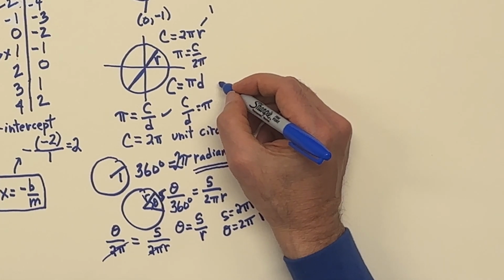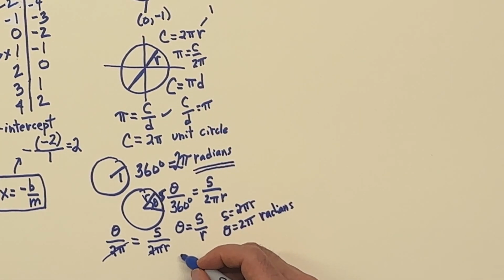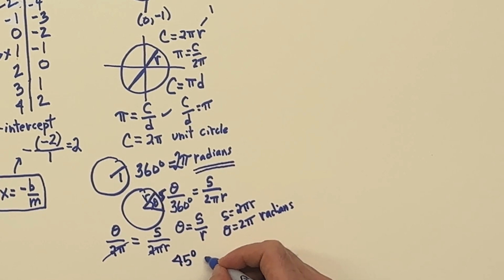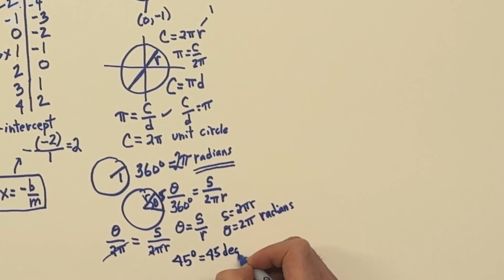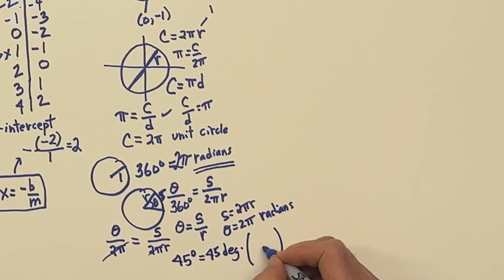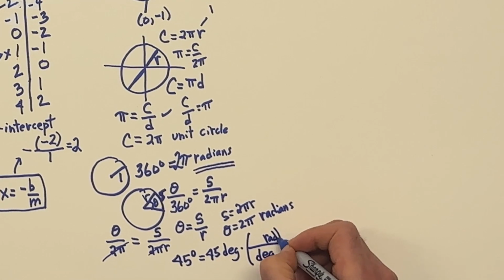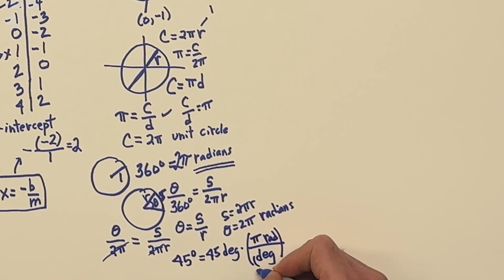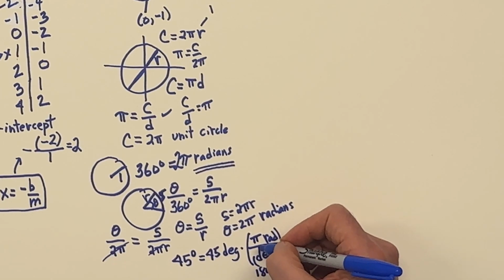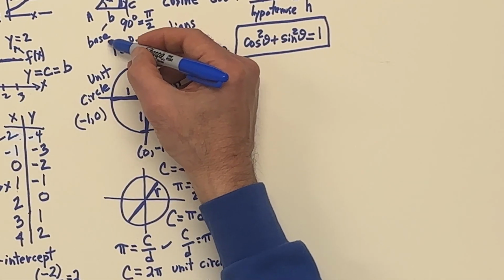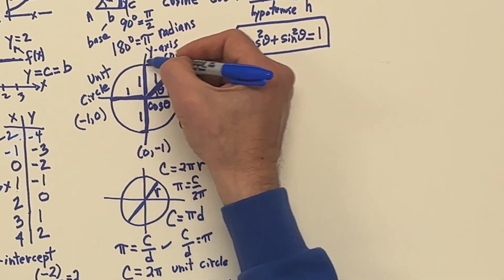And then if I ever want to convert from, say, an angle like 45 degrees to radians, I would write this as 45 degrees. Then I multiply by 1, so I don't change anything, but I put degrees down here and radians up there. To make this an equal equation, I need to have a pi here and a 180 there, because remember the rule that we said back here is that 180 degrees is equal to pi radians.